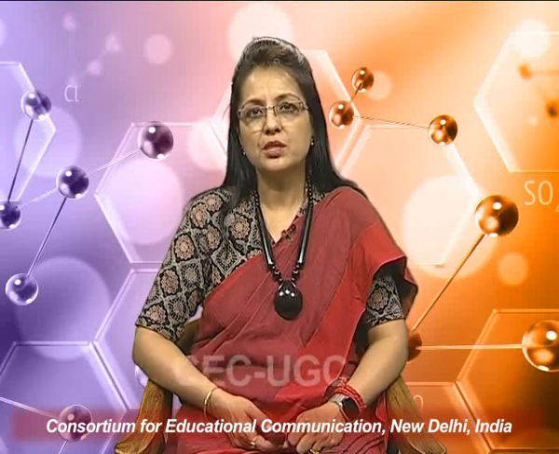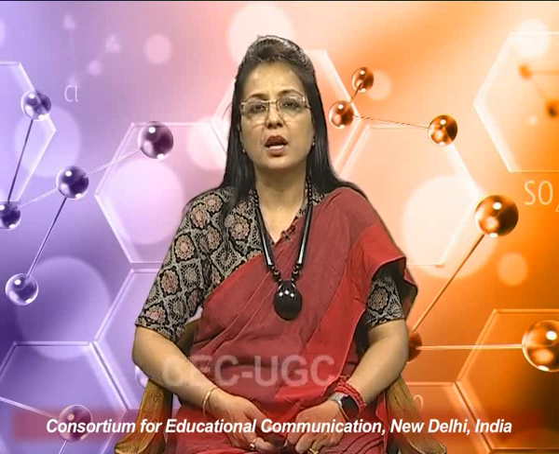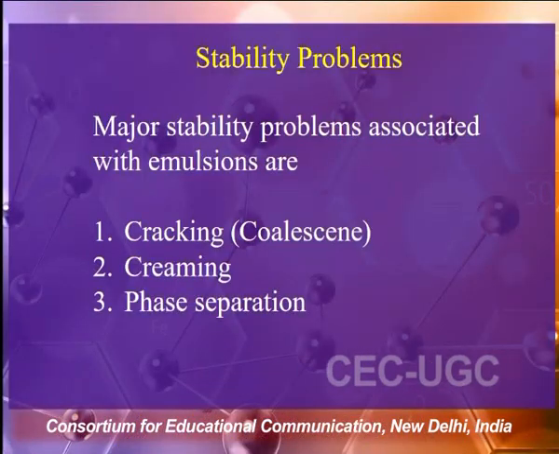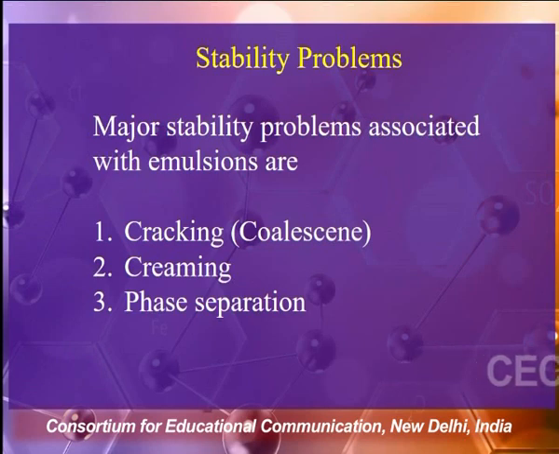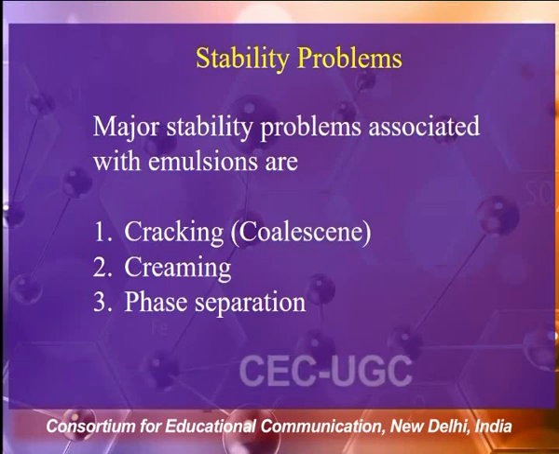Now, the challenges which we see after formulation of an emulsion are that, in case the ideal qualities are not fulfilled, we will see instability seeping into the system, and the instability could be due to any of these reasons. The first can be called cracking of emulsions. Cracking is synonymously also referred to as coalescence of emulsion. The second would be creaming of emulsion.